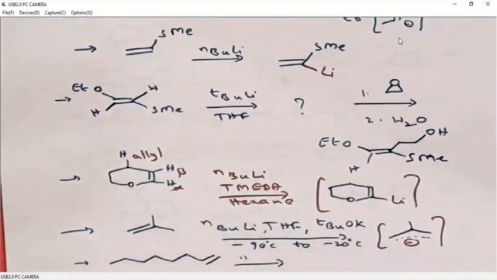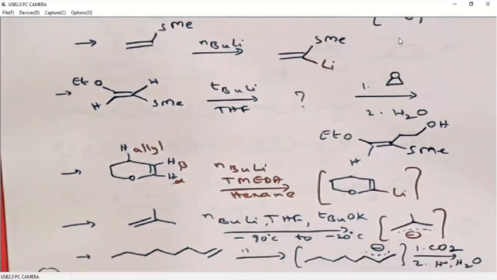When it is treated with the same reagents, it is generating this anion. This allylic proton can be abstracted, so we can generate this anion. And when we use carbon dioxide, it is the end carbon which is undergoing reaction with the carbon dioxide.